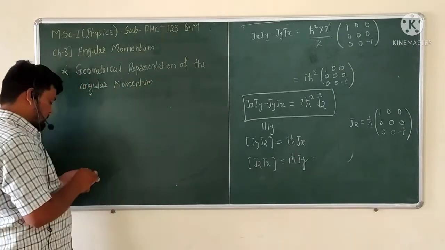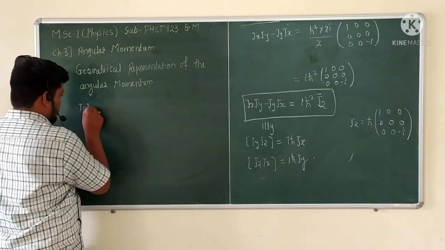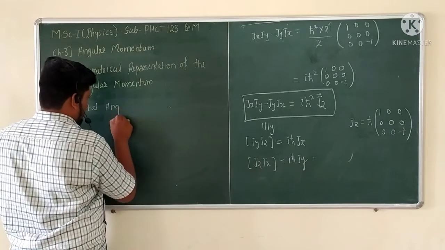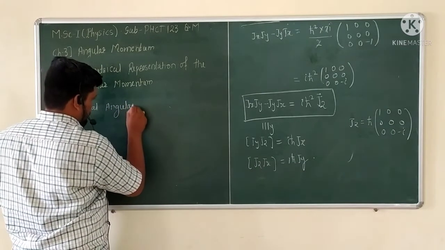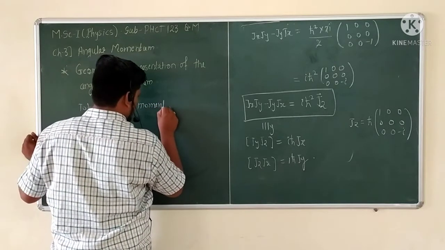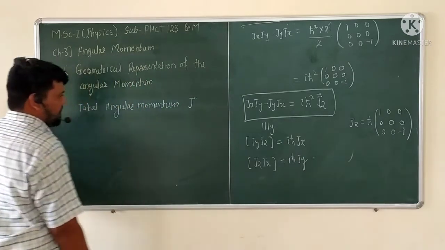Okay, and you know that this is the total angular momentum, which is denoted by capital J.